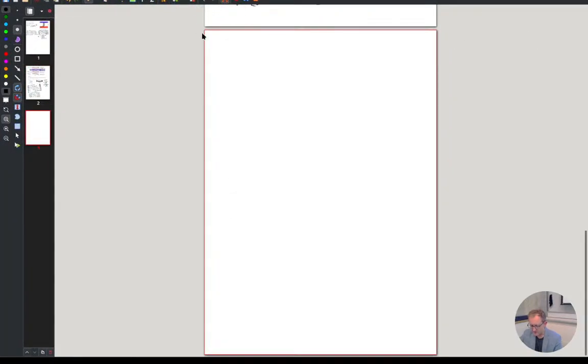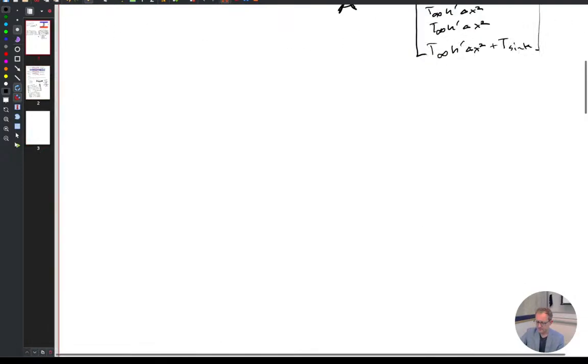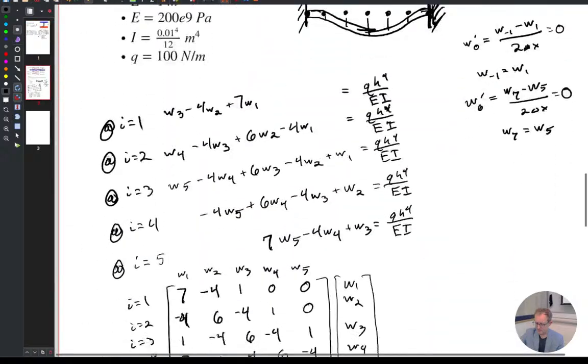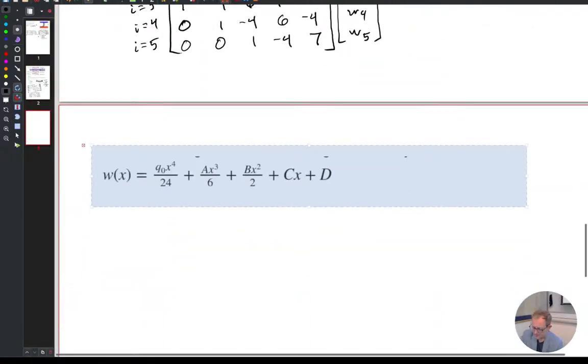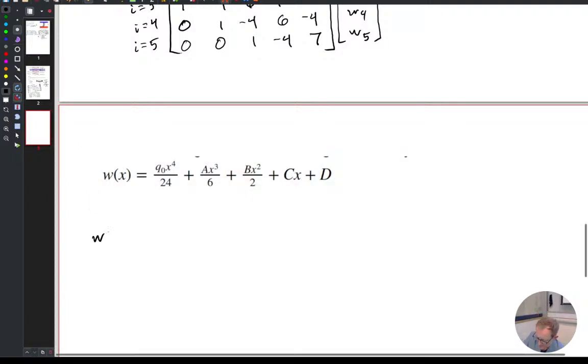Add another page, paste this in here. So I know W of 0 equals 0, which means D is 0. W prime of 0 equals 0, which means C is 0.